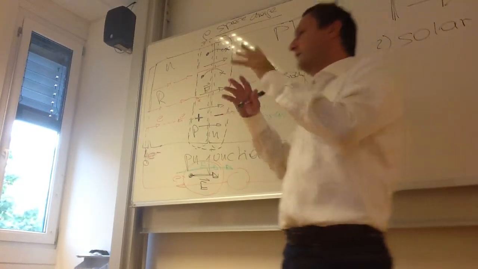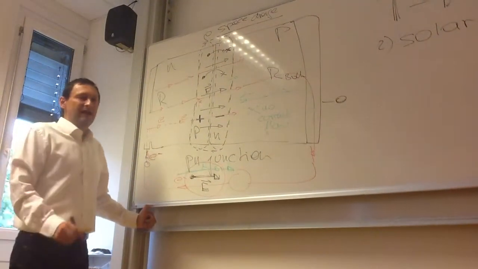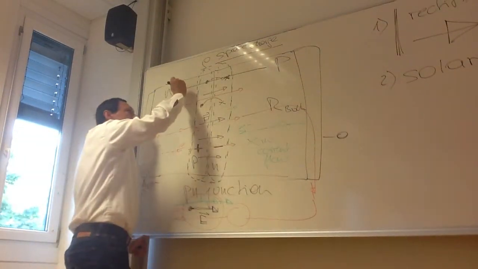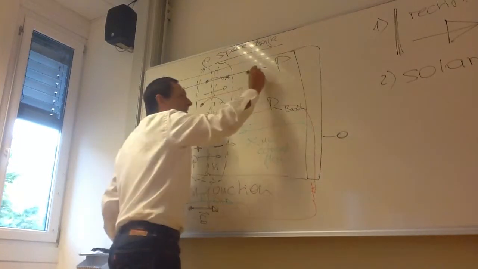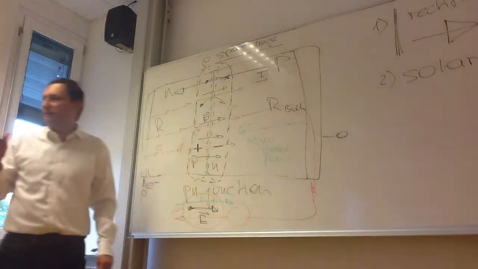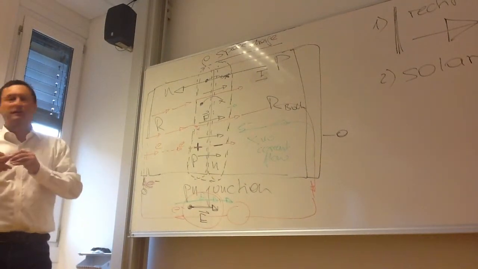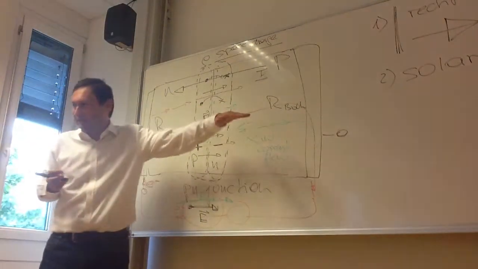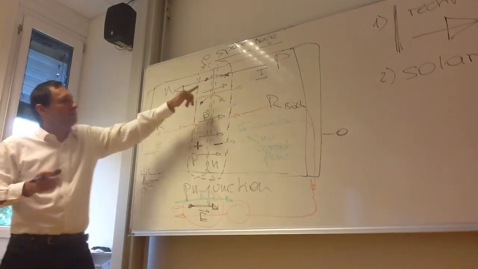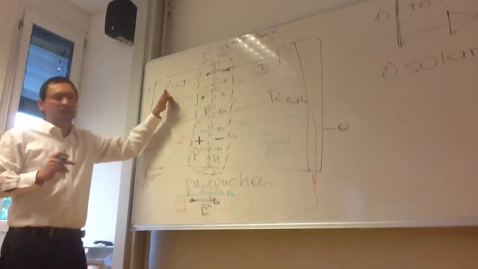But seen from outside of the semiconductor device, that means that the current, the technical current, can only flow in this direction, because technical current flow direction is opposite to the electron flow direction. So the electrons flow in this direction, the technical current flows in that direction. So technically the current flows from the P to the N side.